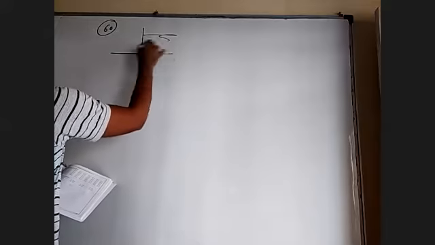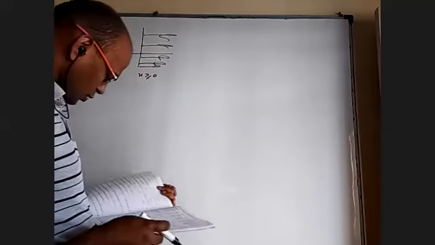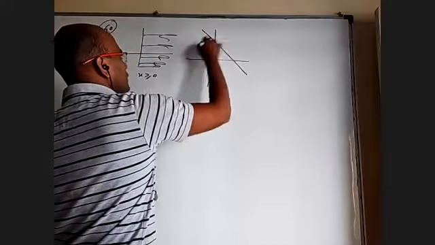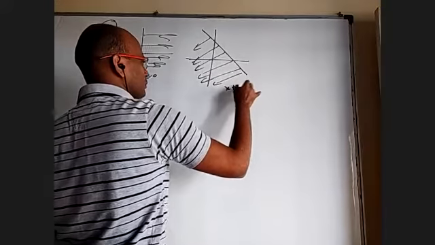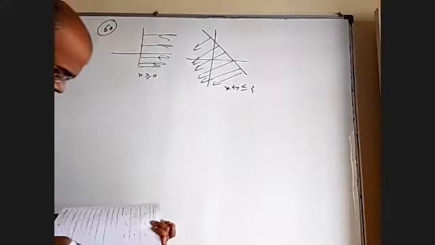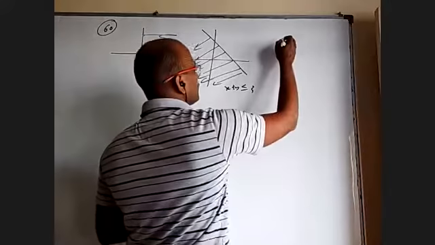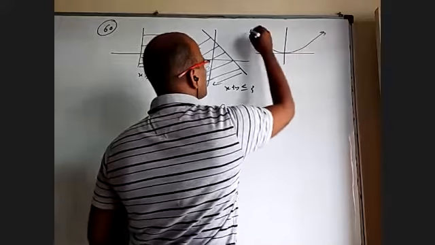x greater than or equal to 0. x plus y less than or equal to 3. Okay, x greater than or equal to 0 means this region. x plus y less than or equal to 3, that is this region. x square less than or equal to 4y. y equal to x square by 4 is a parabola like this.